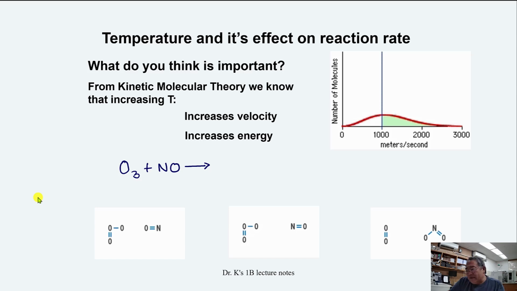And you notice what happened there. Let's see if I can scroll back slowly. They come together with the correct orientation and sufficient energy. And this is the point where the reaction, the energetics of the molecules matters. You have to break a bond and make a bond. That's happening right there.